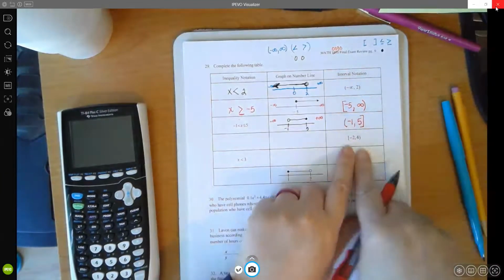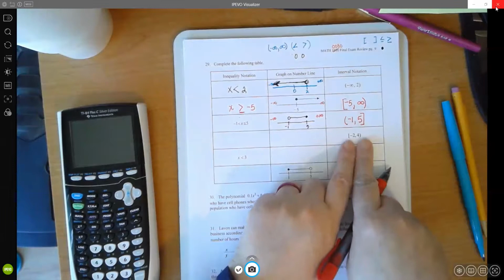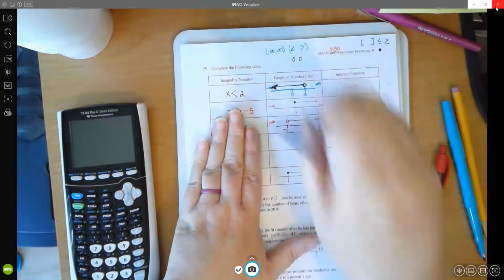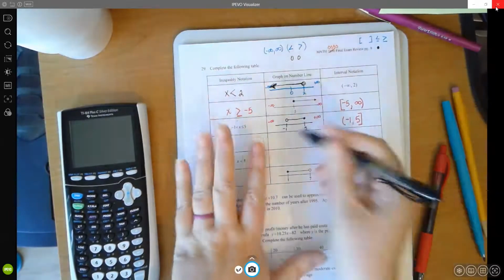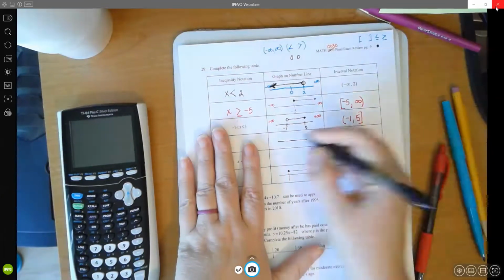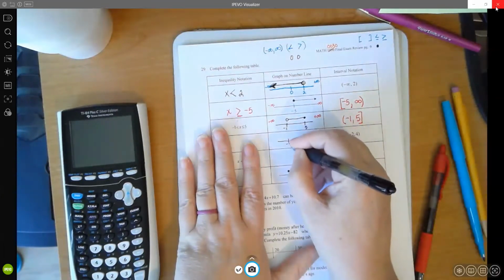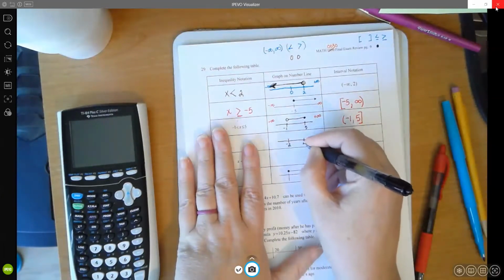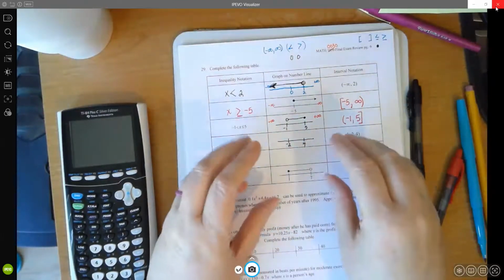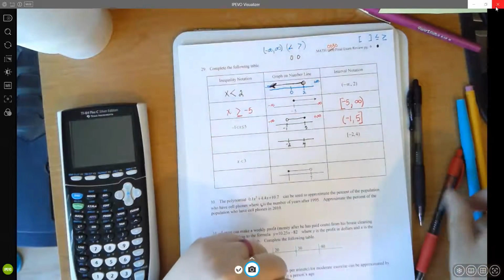My next one has the same thing going on, -2 and 4 with a bracket on the -2 and a parentheses on the 4. So the first thing I want to do, I do not go over here to the inequality. The first thing I'm going to do is make my graph, draw my number line. I'm going to write the numbers -2 and 4. Again, notice I'm not doing elaborate number lines, just the bare minimum that I need.